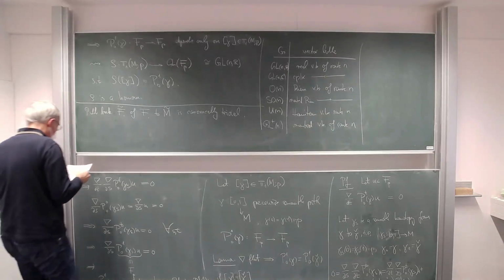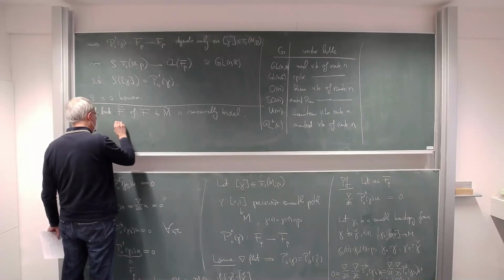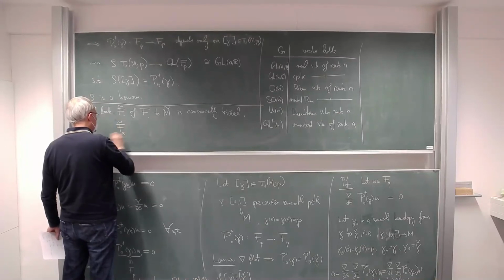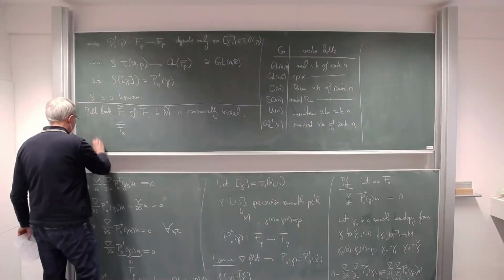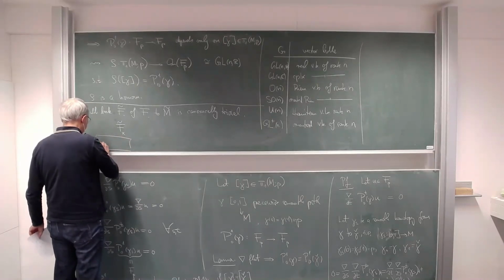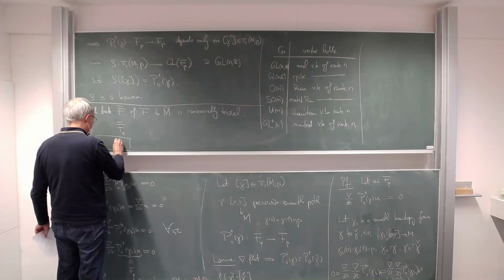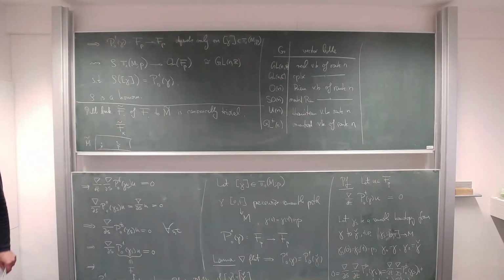Well, if you look at the fiber of that bundle at some point x in the universal cover, then, so here's my universal cover, M tilde, here's my point x, and here's my preferred pre-image point of p, the base point of that group.